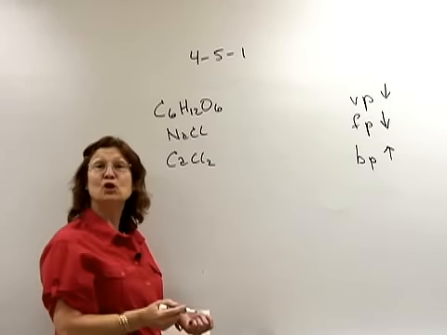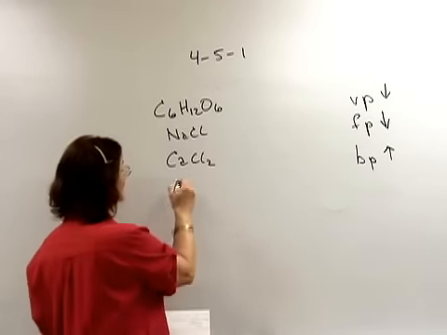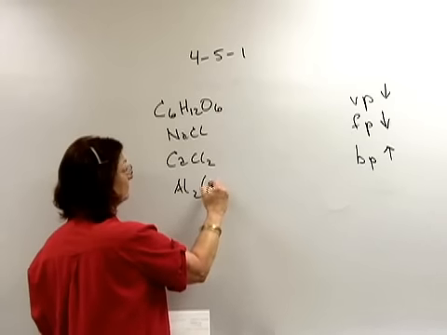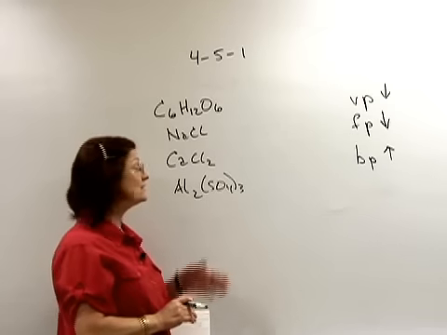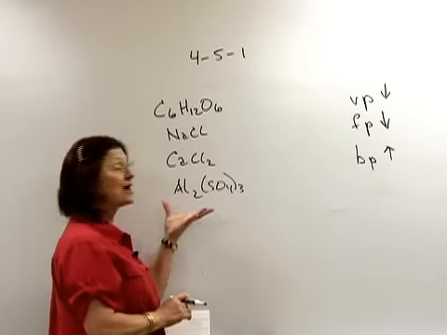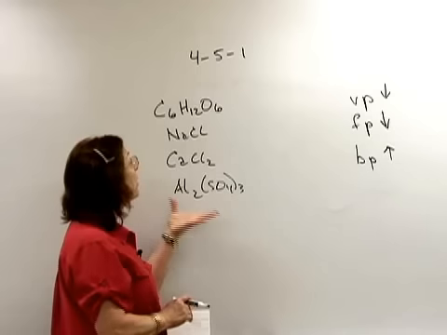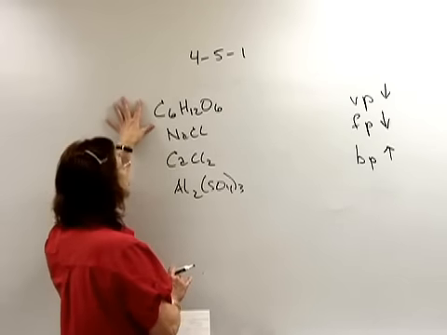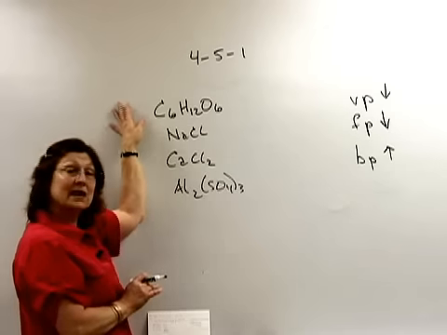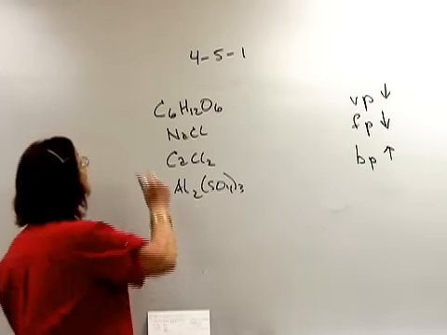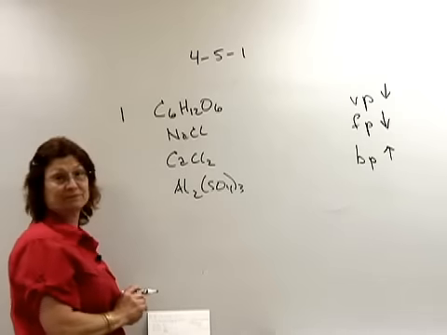And then I have some aluminum sulfate. And of course, you will need to be able to come up with the formulas for the compounds. I will only give you names. Well, when I look at this, I see that glucose is a non-electrolyte. Therefore, it does not break up into particles, and we only have one particle.